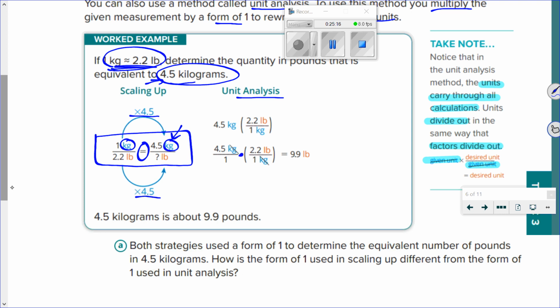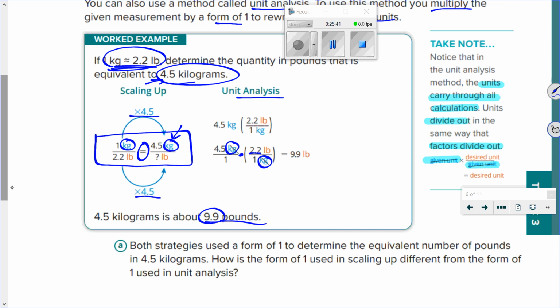Because I am multiplying, my units are on opposite sides because they're canceling out. The idea is get rid of the unit that I don't need. And that's going to tell me whether I'm going to divide or multiply. In this case, the bigger number's on top, so I'm going to multiply. In both cases, you're going to get the same answer.